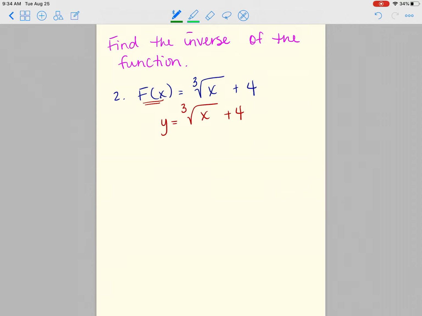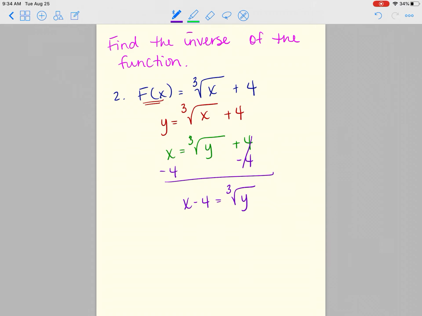Next step, to find the inverse, I have to switch the x and the y value. So it's going to become x equals the cube root of y plus 4. After I switch, I have to get the y by itself. So I've got to do the addition subtraction first. I'm going to add or subtract that 4 over. X minus 4 equals the cube root of y.